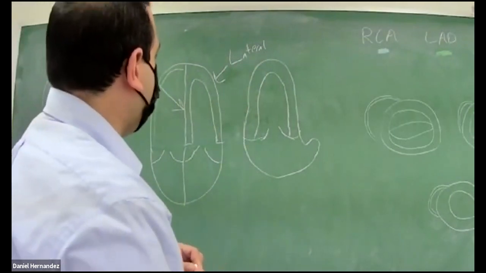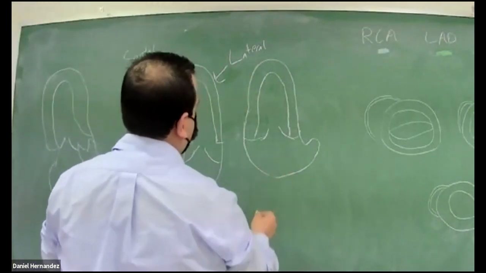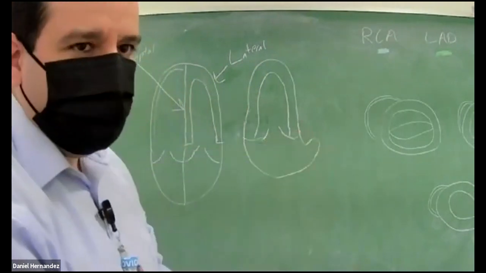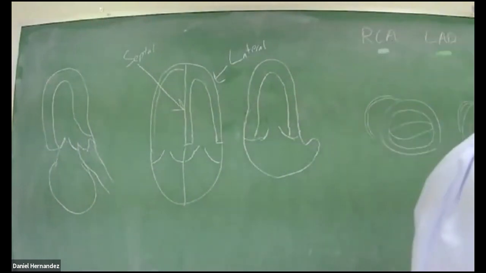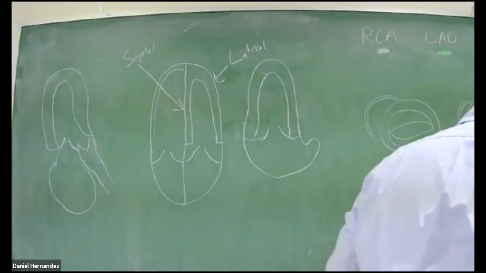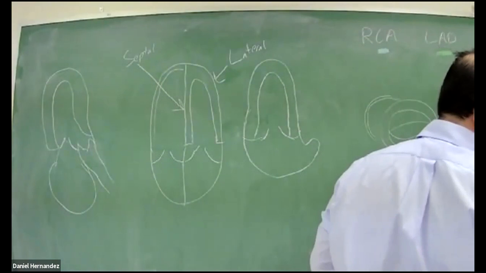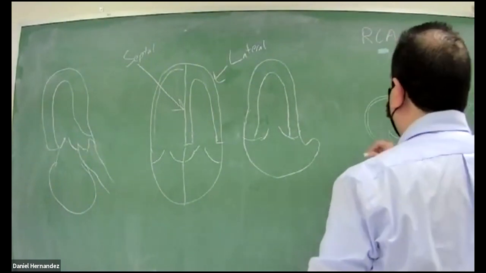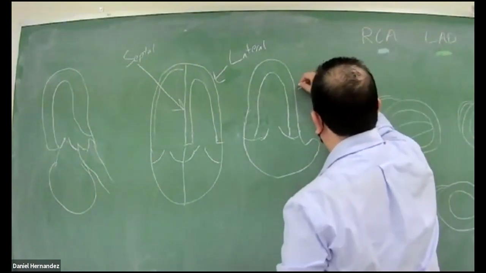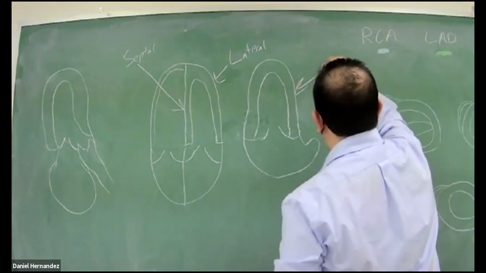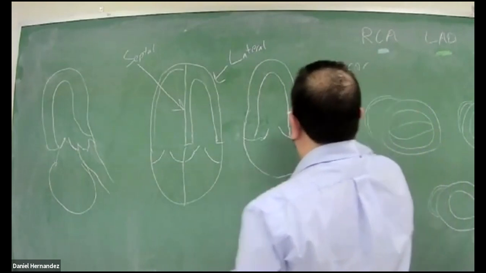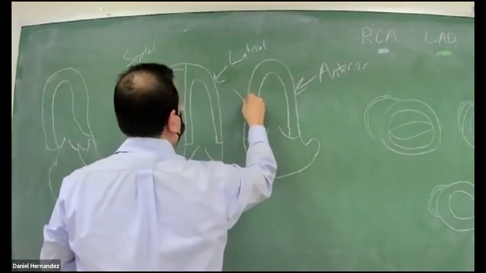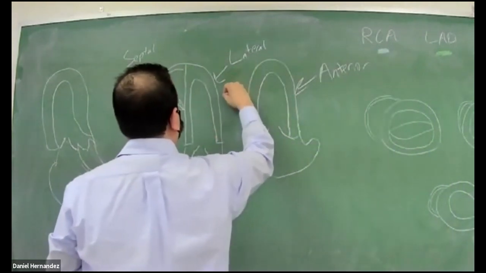When we rotate 60 to 90 degrees counterclockwise, we're going to get our 2-chamber view. Our 2-chamber view is anterior and inferior. So this side's now going to be anterior, and this side here is going to be inferior.